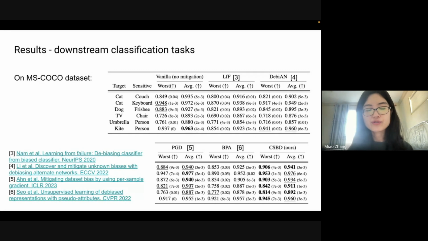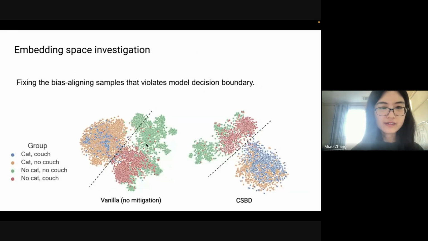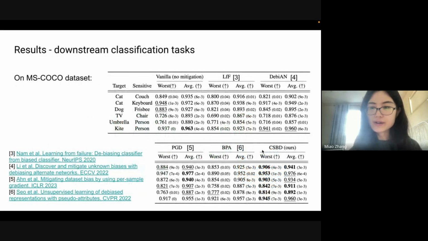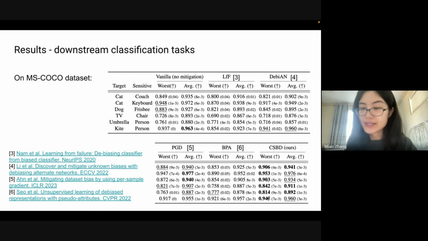For the model's training, only a lightweight resampling strategy is applied. I attached the results here. You can see that with CSBD, our method has obtained more effective bias mitigation results, while the average accuracy is not sacrificed.